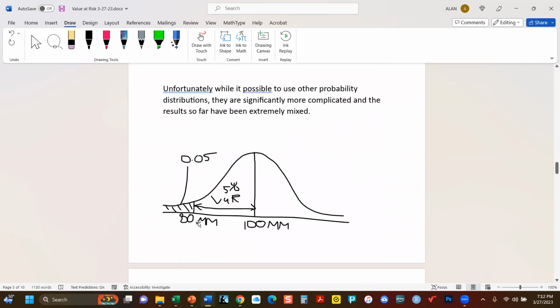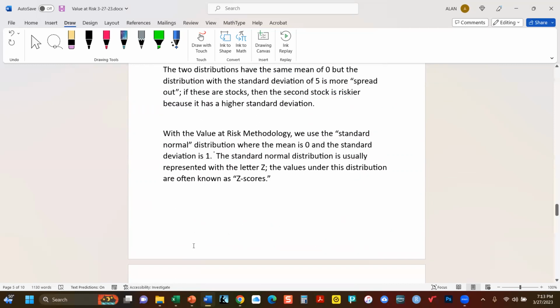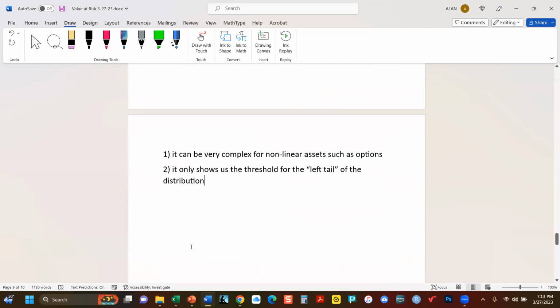This $80 million is our threshold. All it's telling us is how far we have to go to reach that point. What it does not tell us is what might happen to you if you do reach that left tail. It's not telling us how much you could potentially lose if you get deeper into that tail. It's just telling you where the tail is located. That's the cutoff point between the left tail and the rest of the distribution. And that means that we're losing a lot of useful information in that left tail.